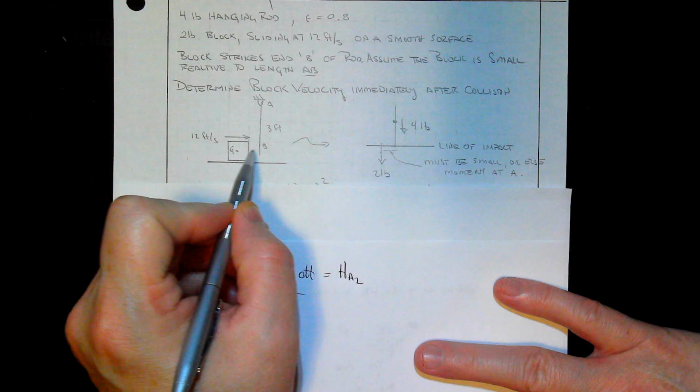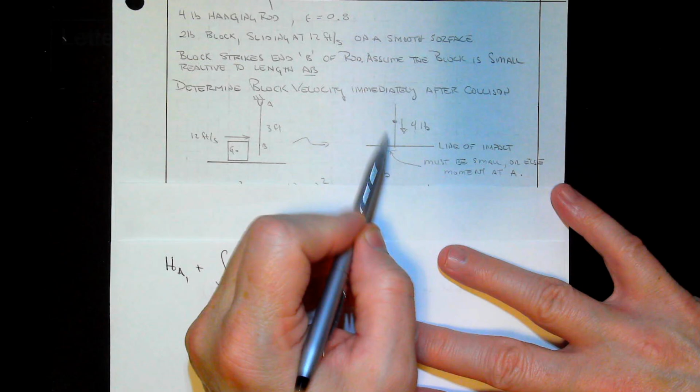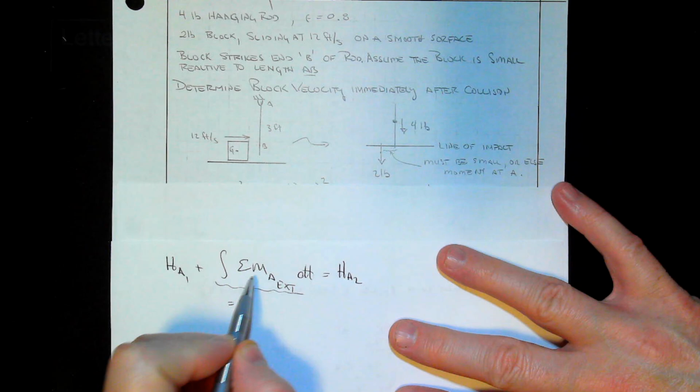Well, first of all, let's note we're having an impact. The fact we have an impact says this is an angular momentum problem. Impact points to momentum. Why angular momentum?